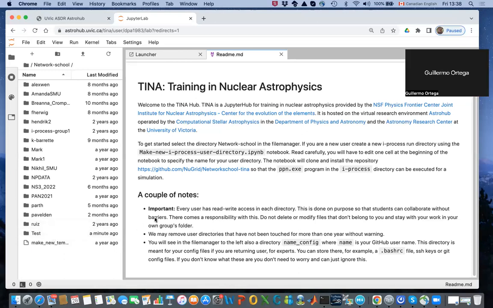Prof, I'm having an issue because when I sign in with my GitHub to enter into the Jupyter notebook, it displays an error saying error 403 forbidden. So I don't know what is happening. No, error 403 means that you are not... Guillermo, just a second.